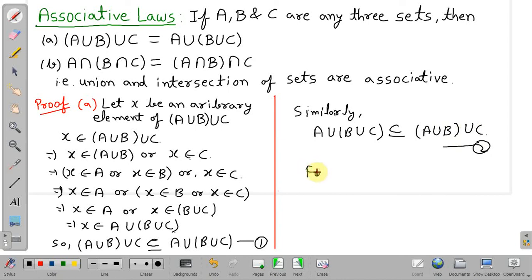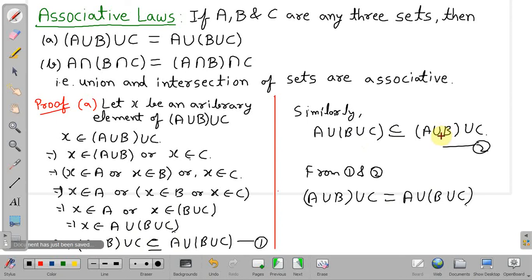So from 1 and 2 we can conclude that (A union B) union C is equal to A union (B union C). Why have we written this? Because if we treat this as set X and this whole as set Y, we have proved that X is a subset of Y and Y is a subset of X. So both sets will be equal.